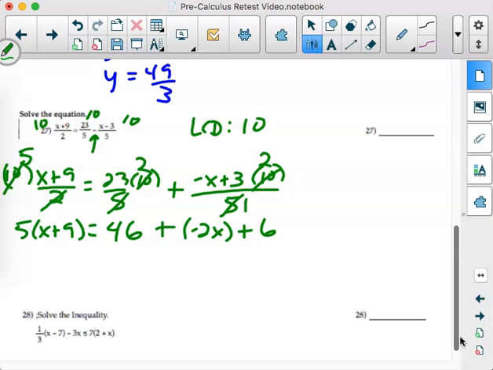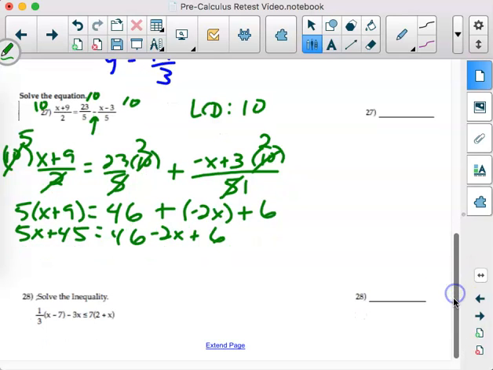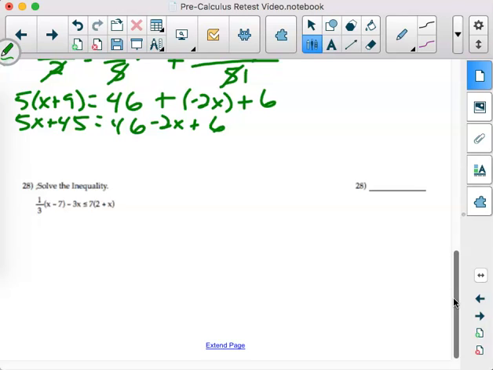And then go ahead and distribute. And all I did was drop the parentheses there and make plus a negative subtraction. And we need to combine some like terms. And then we go ahead and move the x's over. So let's add 2x to both sides.